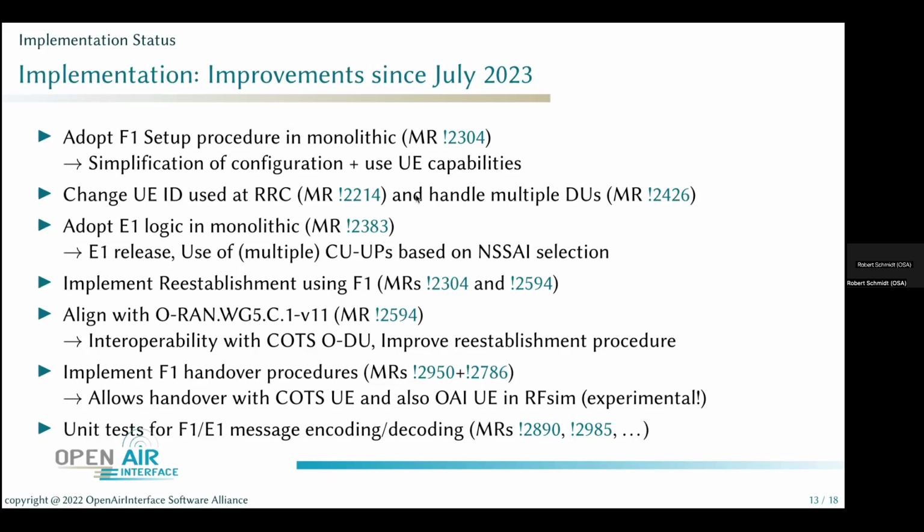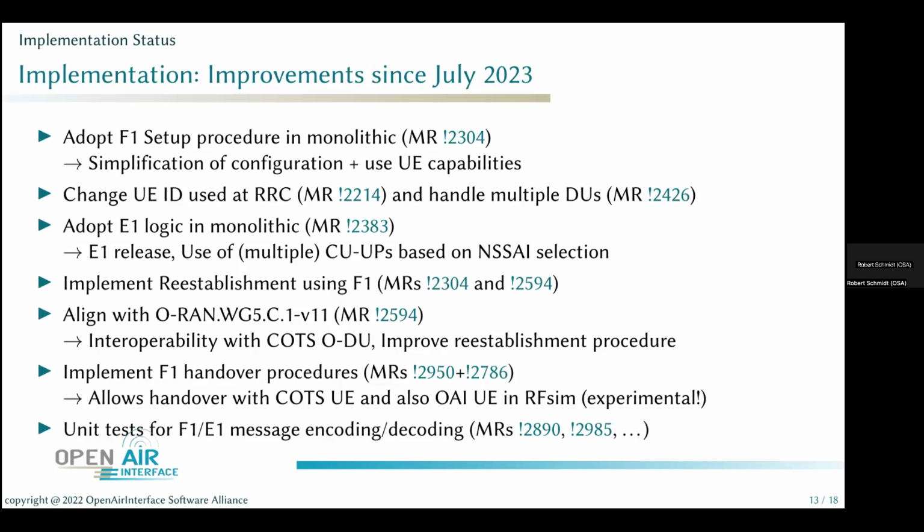Then there were a couple of merge requests to adapt some UE IDs, because as I already said, the DU and the CU UE have different IDs that are used internally for reasons. For example, the UE chooses an RNTI and the DU chooses an RNTI randomly for UE. But if you have multiple DUs, then those might, even though the chances are slim, still choose the same RNTI.